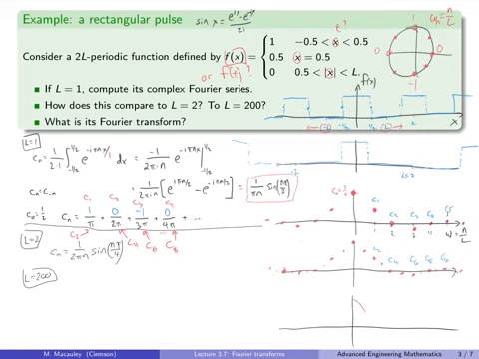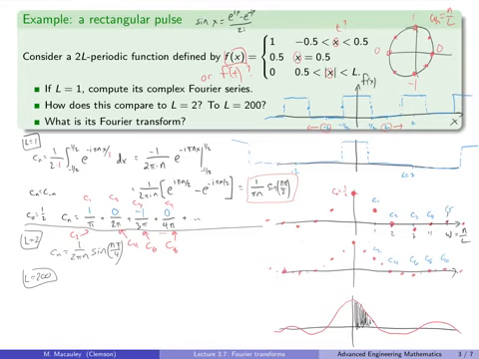We're going to get this, I don't know how well I am at drawing it, this sort of dying sine function. And if L equals 200, you have all these tiny little pieces here with omega. But I don't think I even need to.